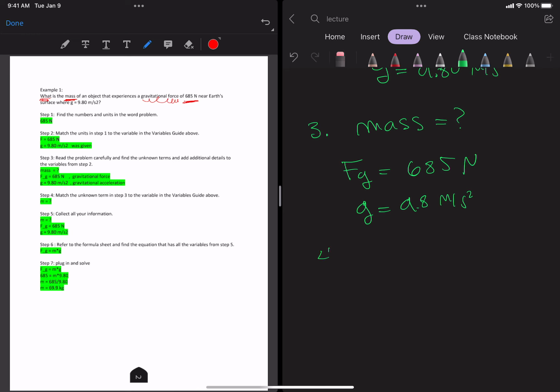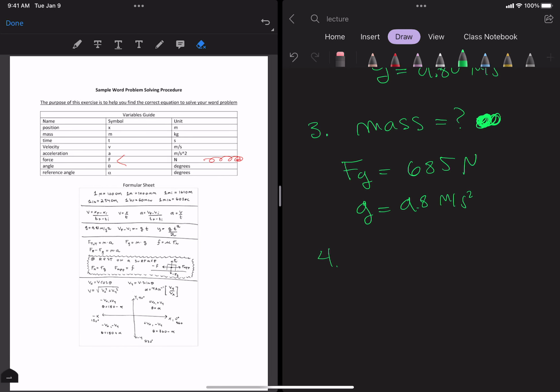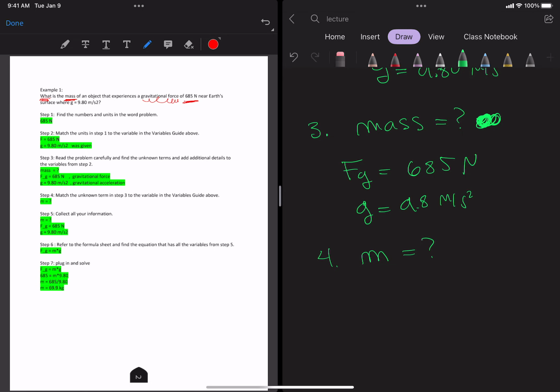Now, step four is we're going to find the variable or the symbol that corresponds to this word by going back to the variable guide. Here, mass is here, so we're going to rewrite this as M. So we're trying to find M. And now on to step five.